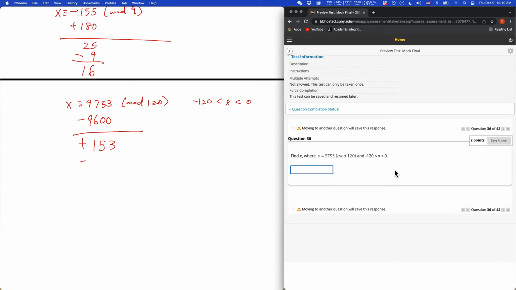If you subtract 120, your number is still in the positive range. So you need to subtract that twice. So you subtract 240. If you subtract 240, that will give you negative 87. So the answer will be negative 87.